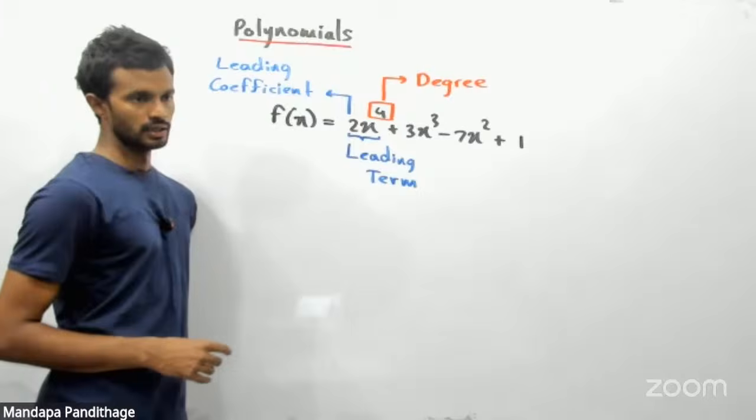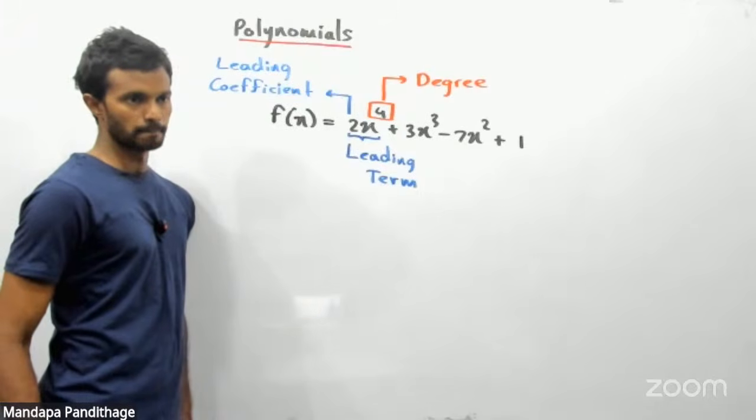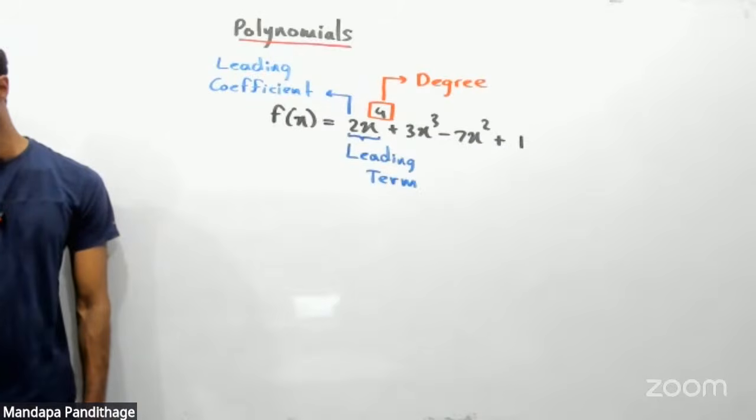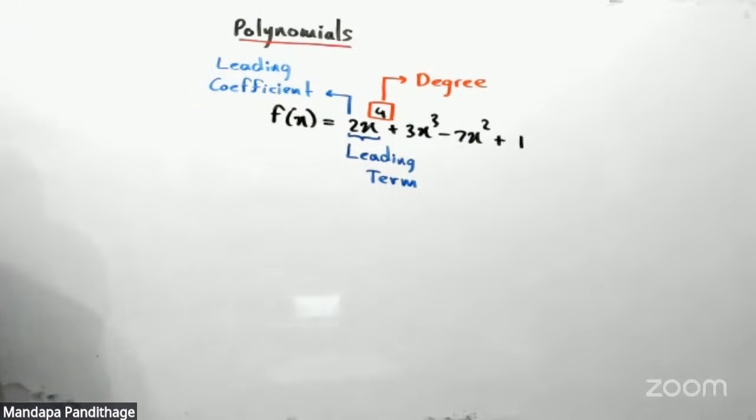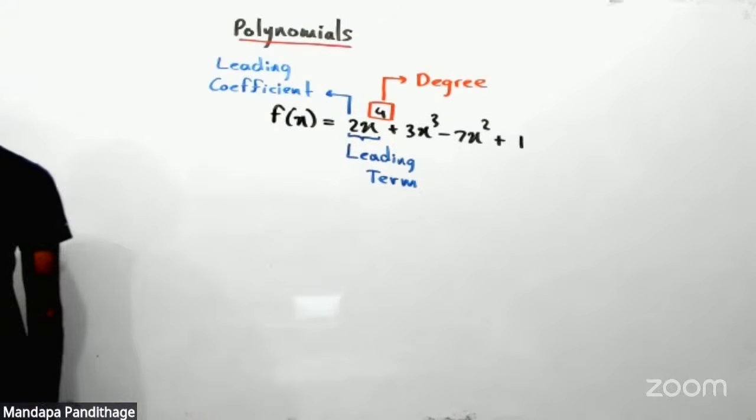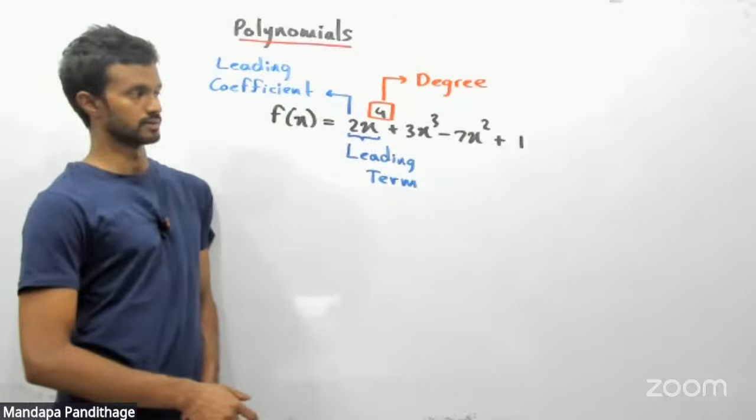After this, put a normal star mark and write: polynomials are categorized based on their degrees.